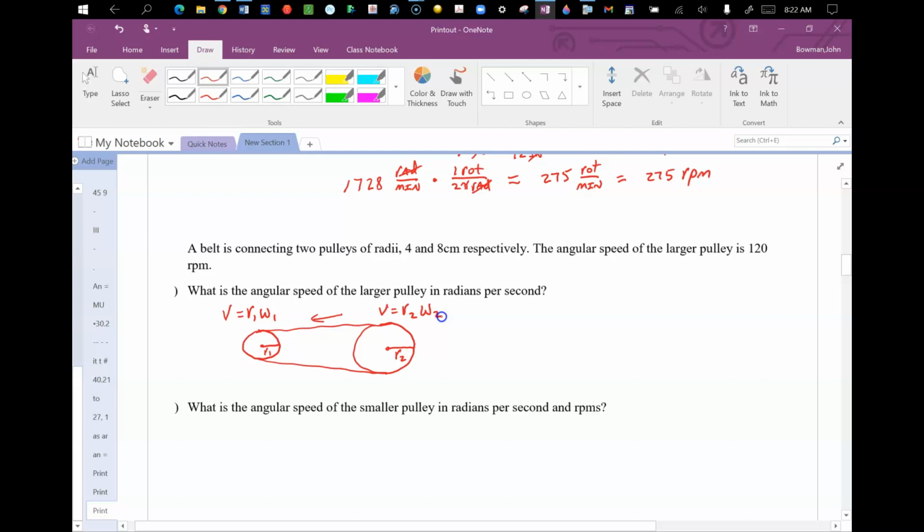Okay, so now to answer the questions. What is the angular speed of the larger pulley in radians per second? All right, well, we know that it's turning at 120 RPMs. That is the angular speed, 120 rotations per minute, but it's not in the units that we want.